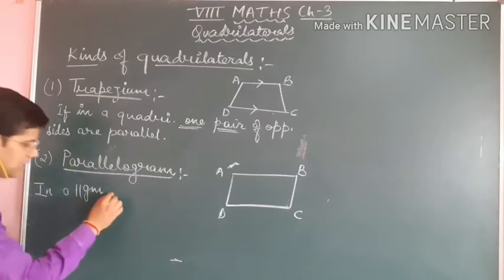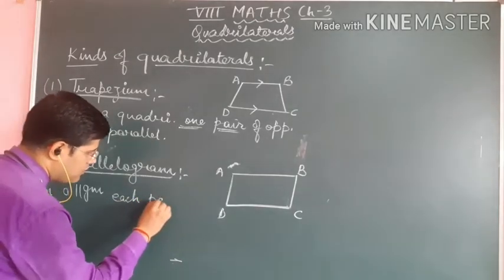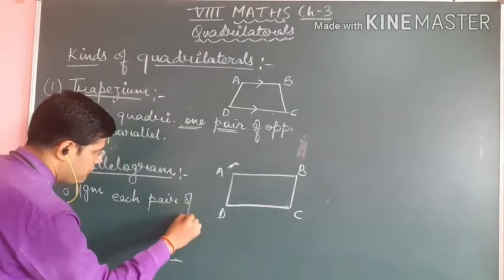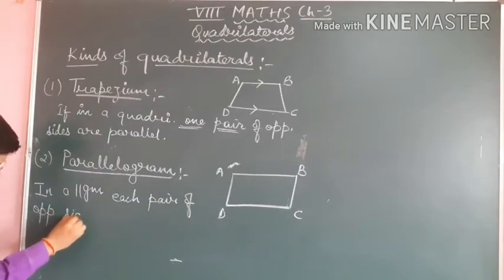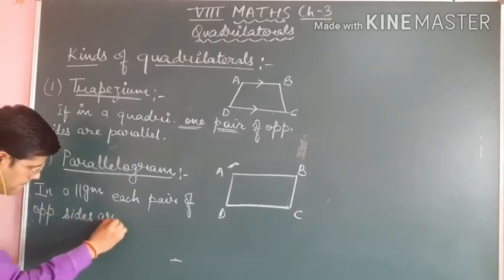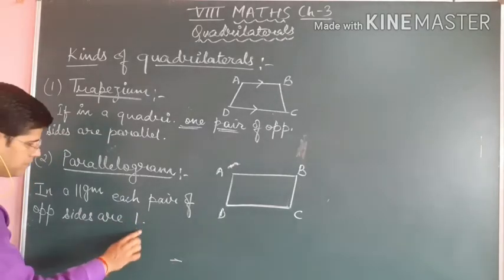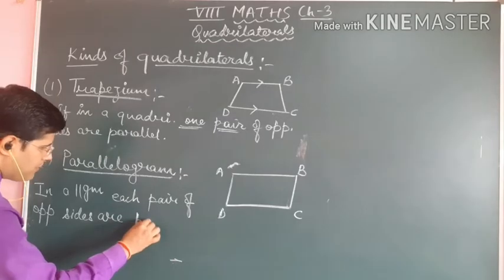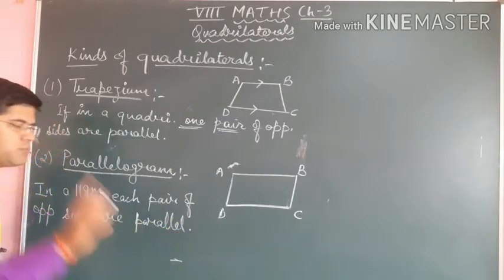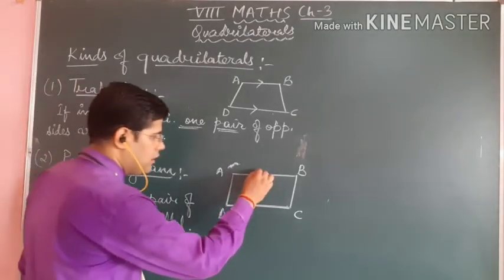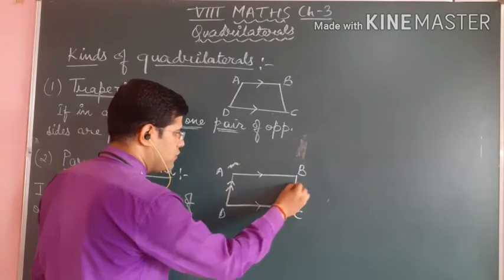In a parallelogram, each pair of opposite sides are parallel. Each pair means it has two pairs of opposite sides, so both must be parallel. It means AB must be parallel to CD and AD parallel to BC.